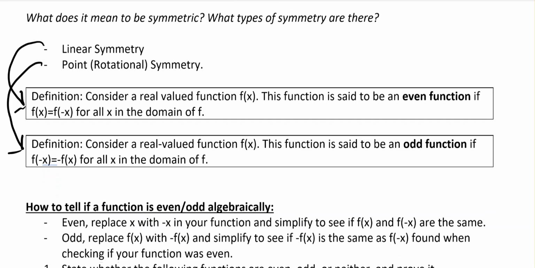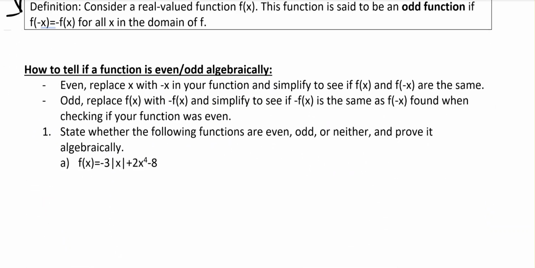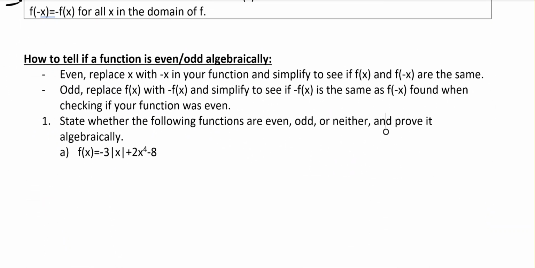So we're going to start algebraically. And here are my tips for doing this. Always start with even. It's easier, and you need to work through even to check odd. For even, you're just going to replace x with negative x in your function and simplify to see if it's the same thing as what you started with.